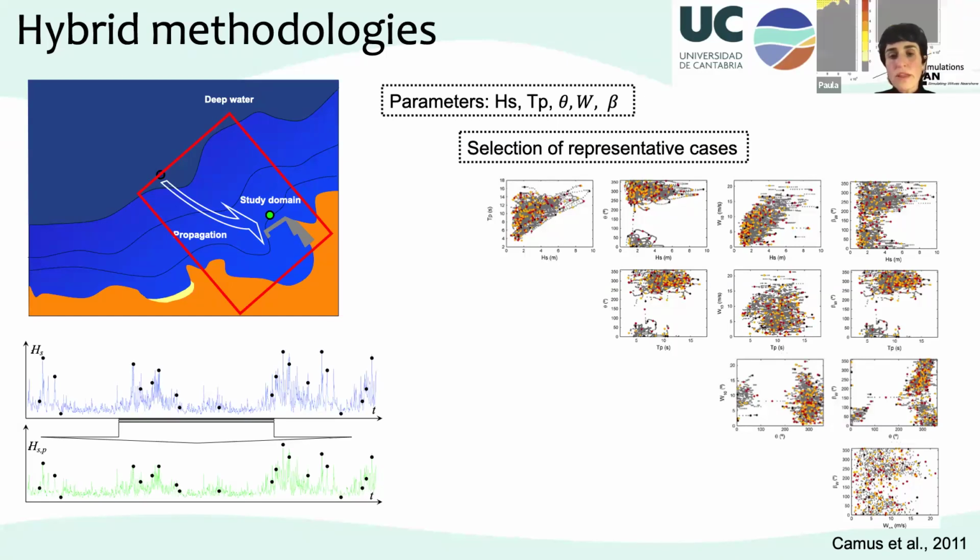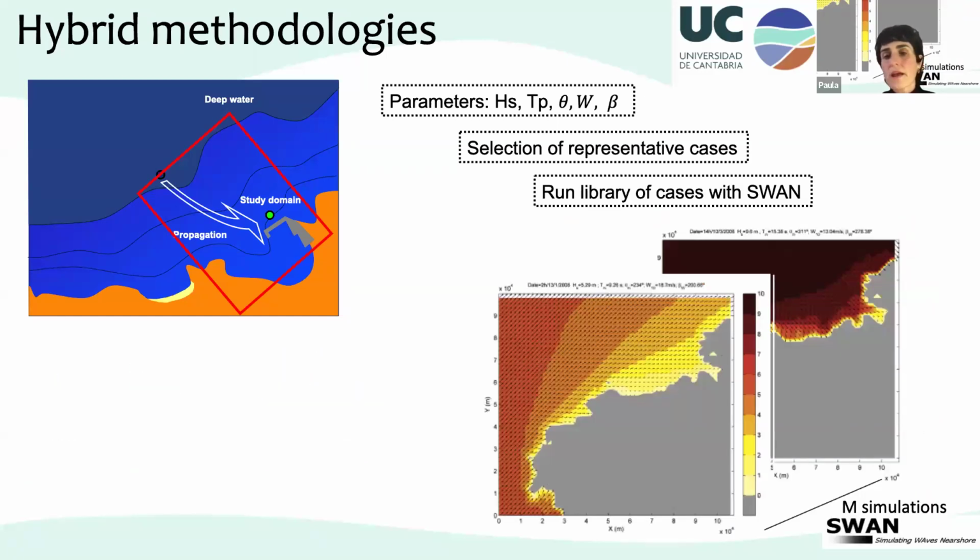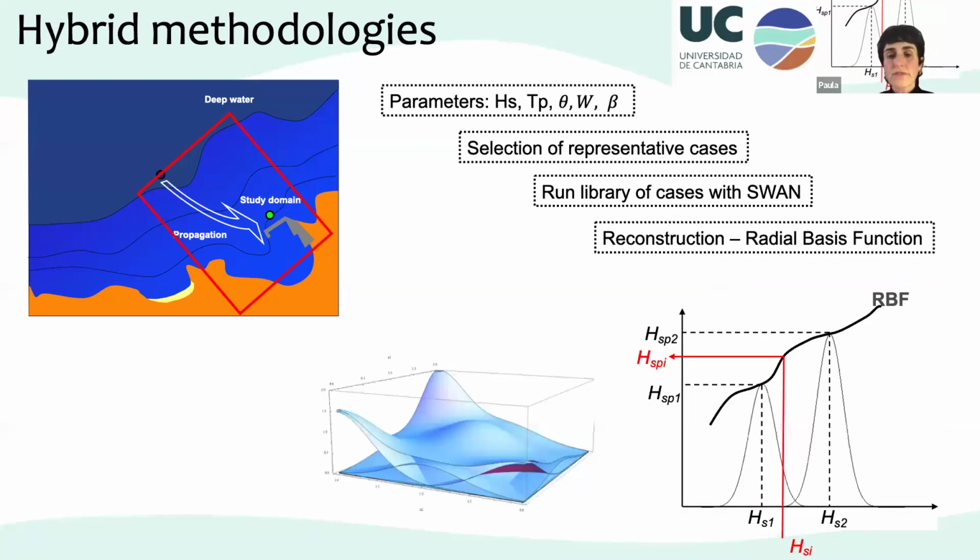With these cases, we run a library of cases, in this case using the SWAN model, so we have the wave conditions propagated. And for example, in one location near the coast, we can extract for every simulation the result of the significant wave height.